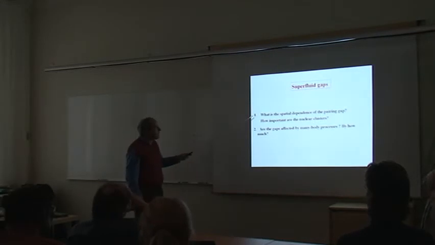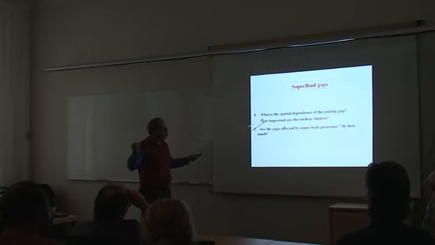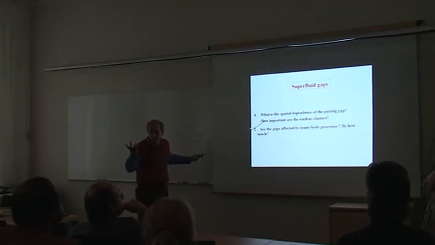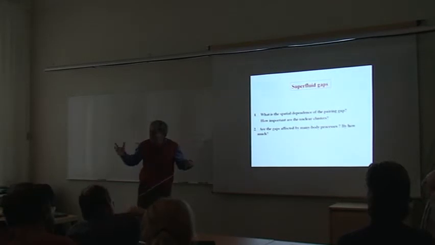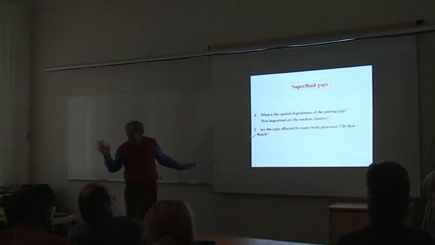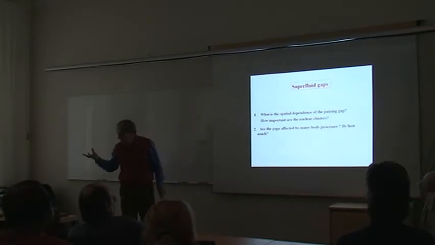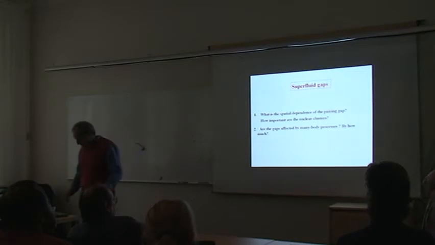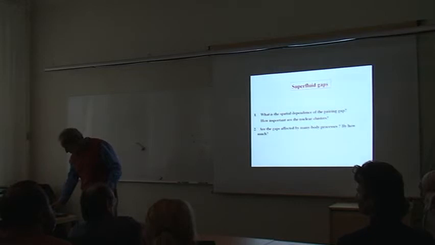The gap inside the cell will have a spatial dependence, and I'll ask what is the importance of nuclear shell structure. And then, are the gaps affected by many-body processes? We know that most probably the answer is yes, but the question is also by how much.